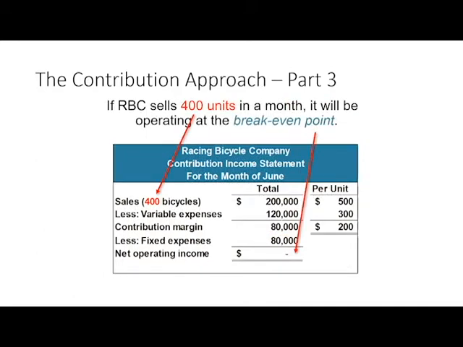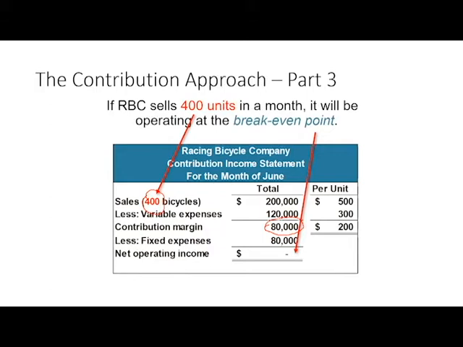In this example, it shows the break-even point, whereby when the company sold 400 units of bicycles, this is the CM that they will earn, 80,000. We know that the fixed cost is the cost that remains constant at a certain level, as we learned in management accounting at the beginning of the semester.